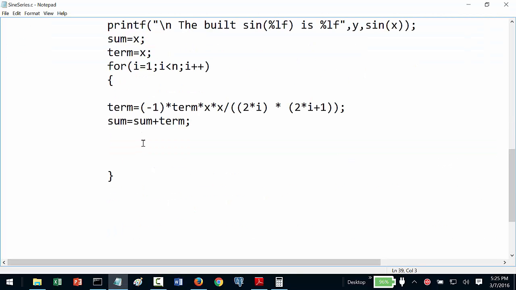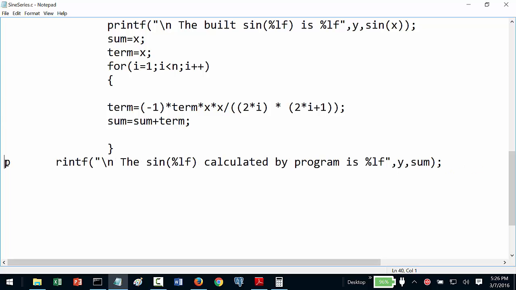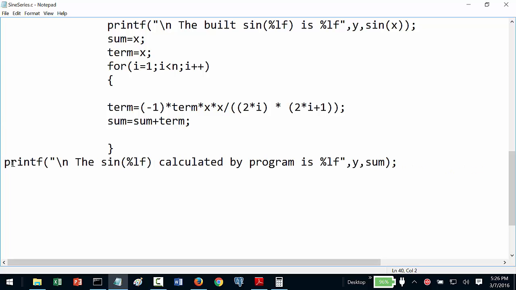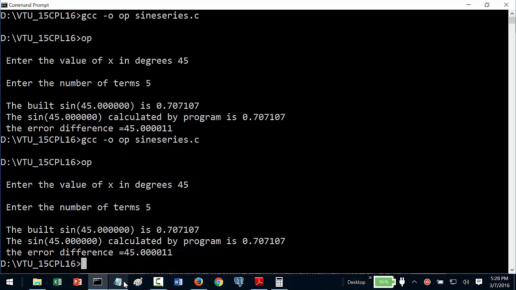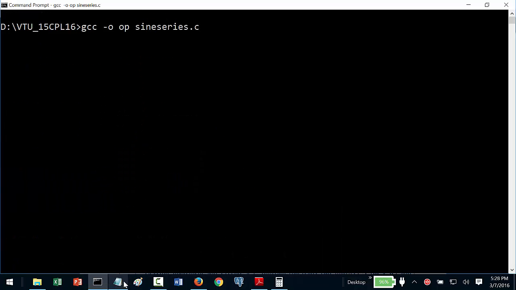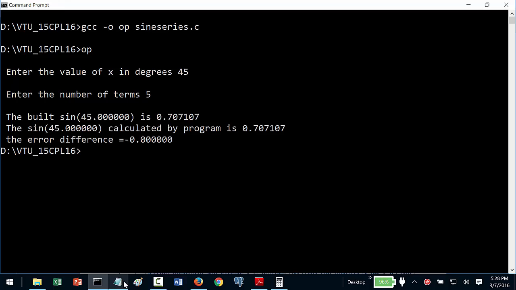We can actually say that this is the value of sum calculated by the program. Then let us see. Yeah, the error difference is 0.